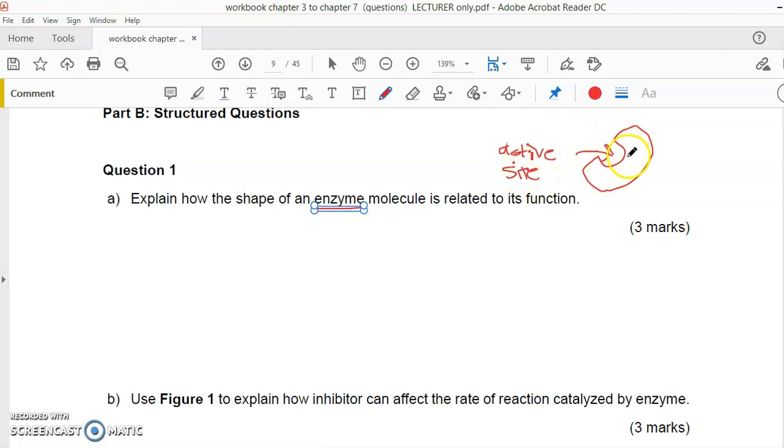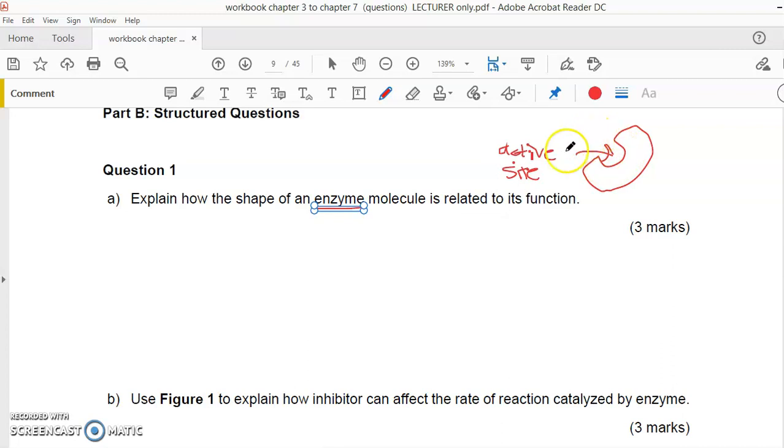These various kinds of active site, for one example a shape like this, will allow specific substrates, whereby its structure has a complementary fit or shape to the shape of the active site.